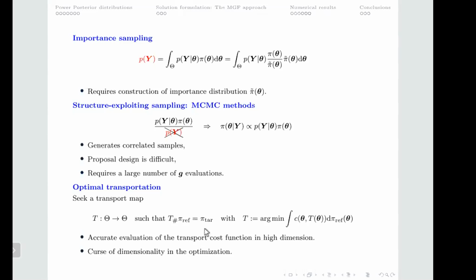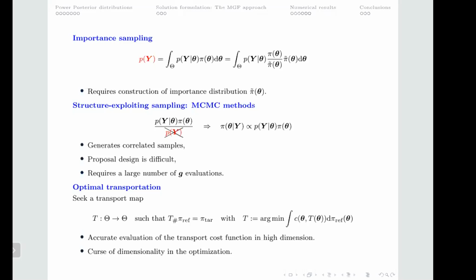Typically, you look at the target distribution, like your posterior distribution, and the reference distribution will be your prior distribution or something built on the prior that is very easy to sample from, like a Gaussian prior. In that case also, the accurate evaluation of the transport cost in high dimension is very demanding. And also you may have the curse of dimensionality in the optimization for the construction of T.